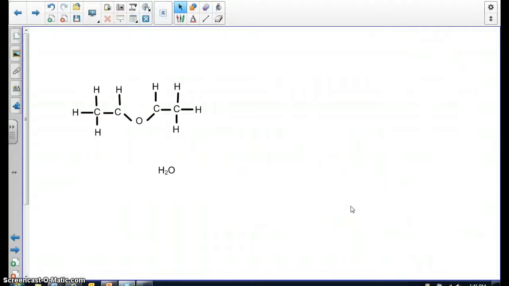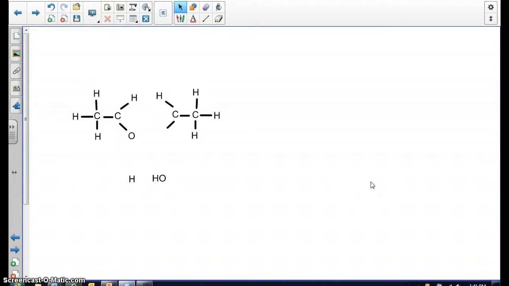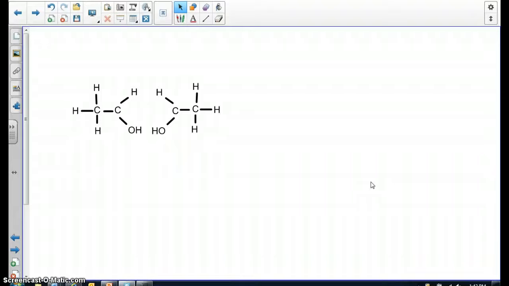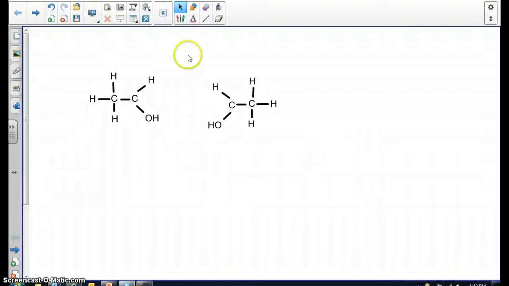Let's look at our reaction again, but basically it's going to be in reverse. Here's our polymer, and we are going to add our water, and in doing so, that's going to break apart into our two separate monomers.